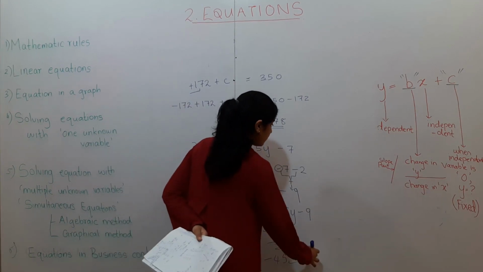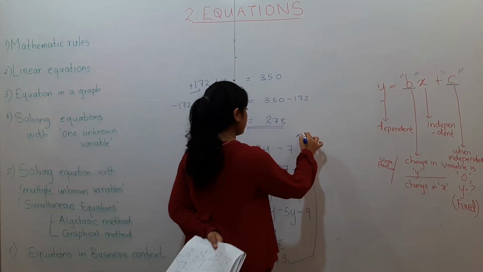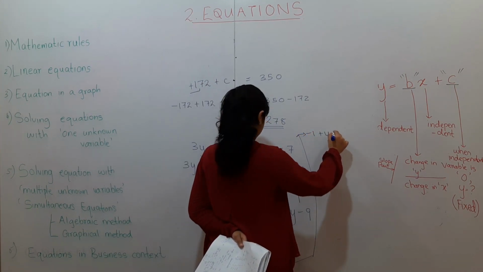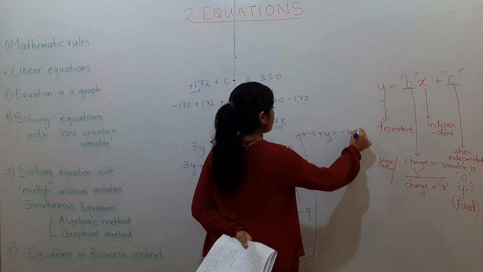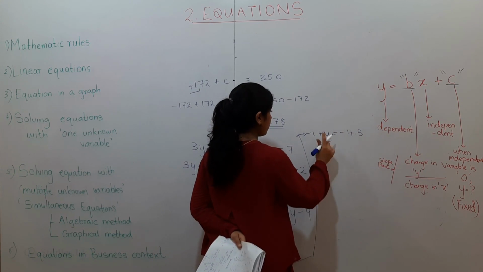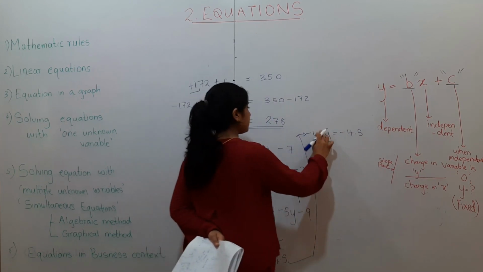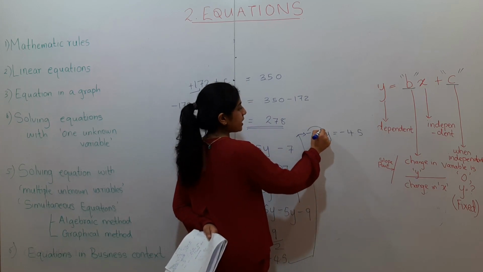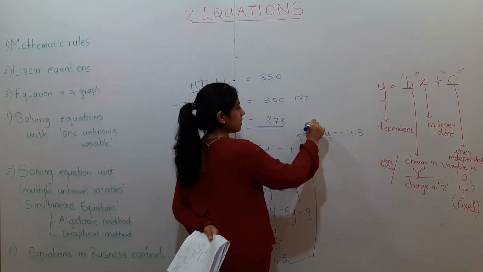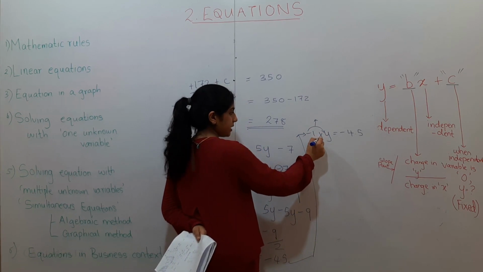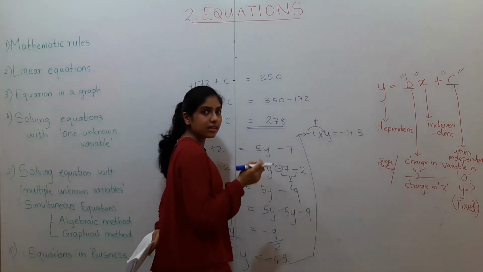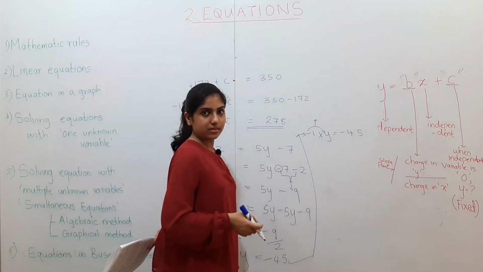If I am to take it here, you will have to say minus 1 multiplied by y equals minus 4.5. Minus sign multiplied by a plus sign, the function is multiplication, but your resulting sign will be minus.